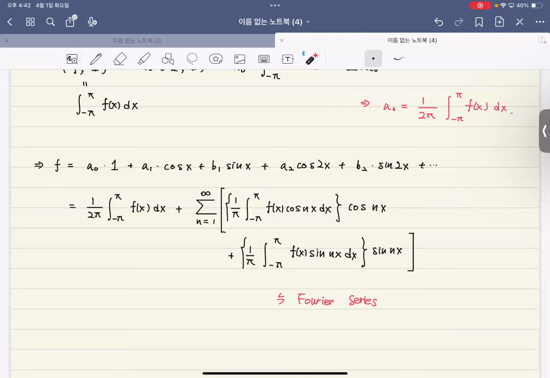Having such a nice decomposition enables us to have something like MP3s. Do you know what MP3 is? You have the original signal, which is a WAV file. If you take the Fourier transformation of that signal, you can decompose your original music into a bunch of frequencies.